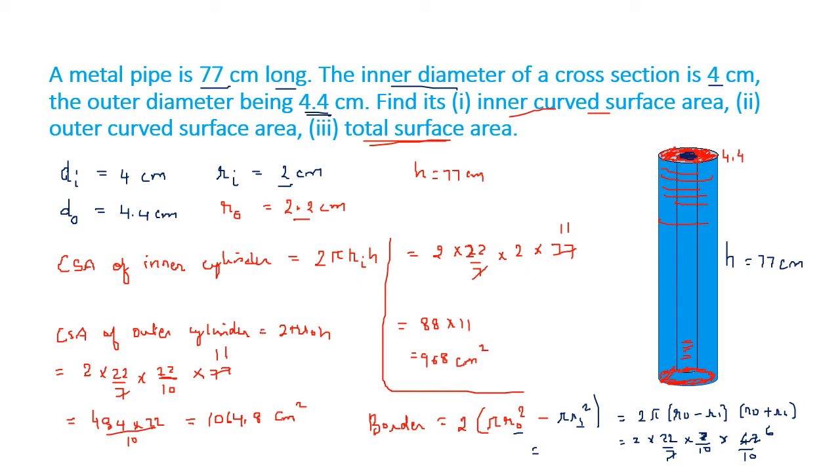So we get 5.28. Okay. So the total surface area of the cylinder will be, add them: what was the curved surface area? 968, 1064.8 and 5.28. Add all three and you will get the TSA of the whole metallic pipe.